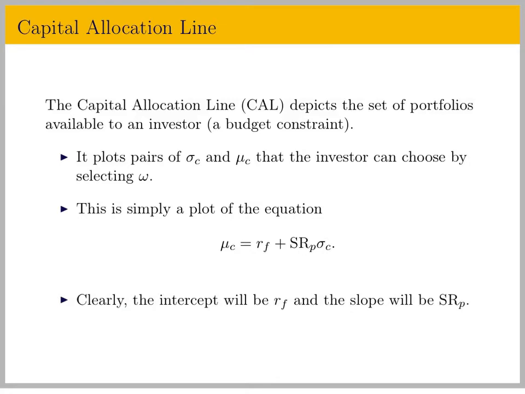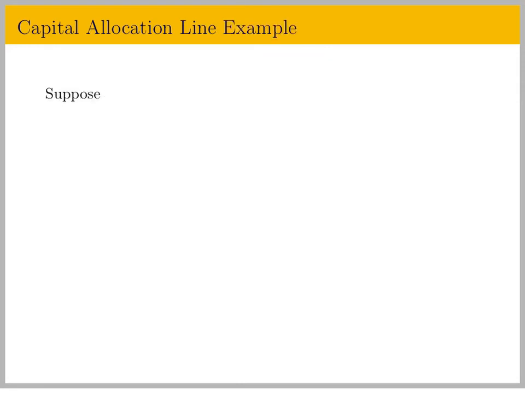Now, looking at that equation, clearly the intercept is going to be the risk-free rate, RF, and the slope is going to be the Sharpe ratio, because sigma c is the independent variable on the x-axis, and mu sub c is the dependent variable on the y-axis. Then we have intercept and slope.